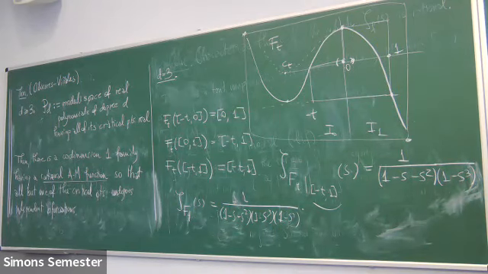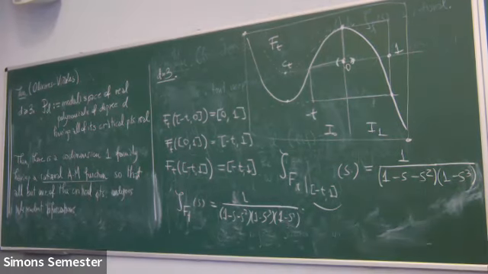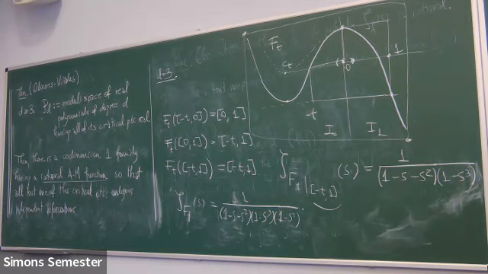So let me draw a zoomed out picture of the same story. Same picture, but we're zooming out. There's this interval from -t to 1.